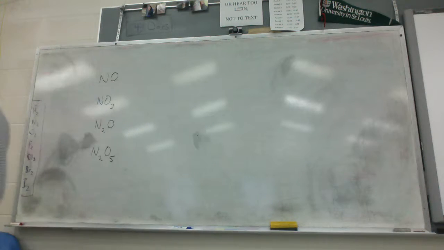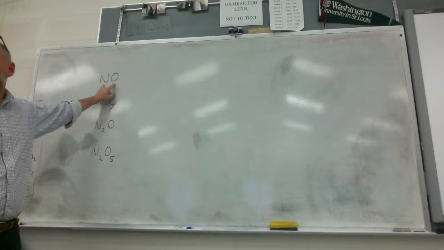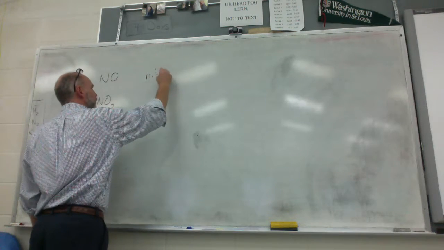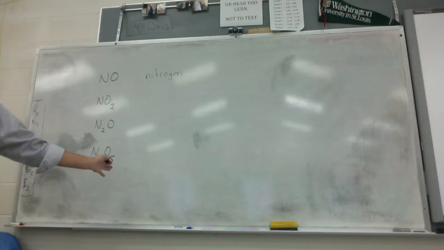So, following the rules that every element gets a prefix, except if there's only one of the first element, what will be the name of this one? Well, there's only one of the first element, so we're just going to say nitrogen. The second element always gets a prefix.